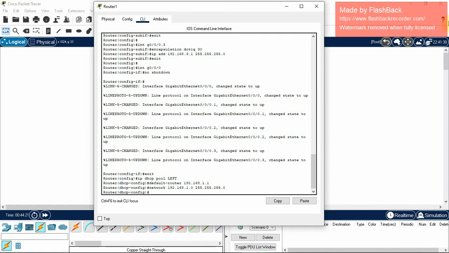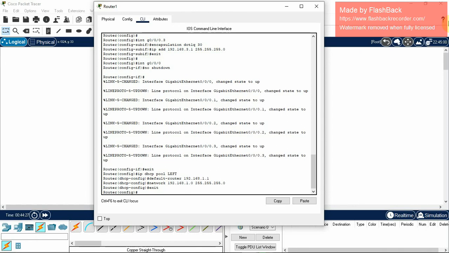Next, we're going to configure the DHCP for the next VLAN, which was in the middle.